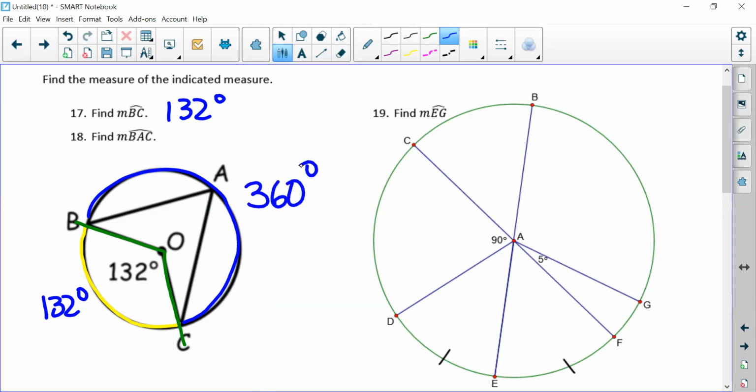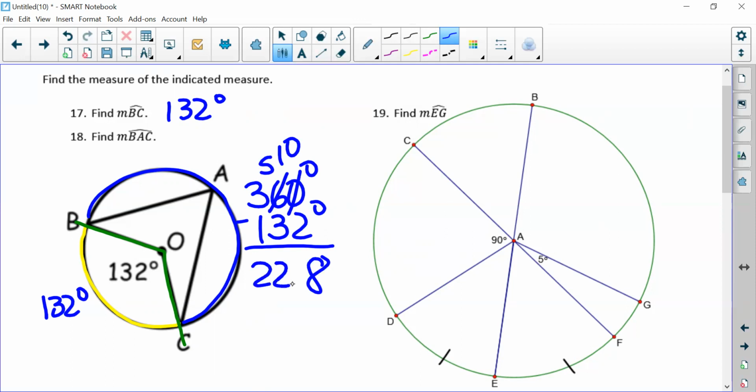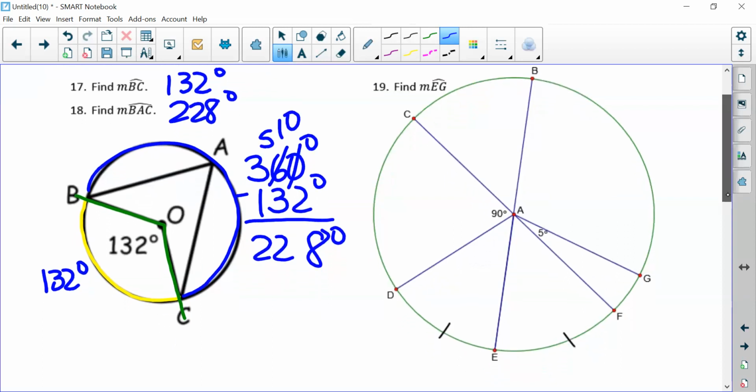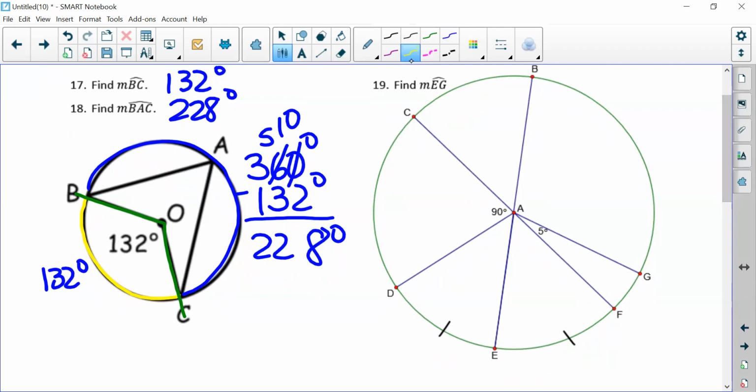So we can just take 360 and subtract 132. And this helps us determine that the measure of arc BAC is 228.